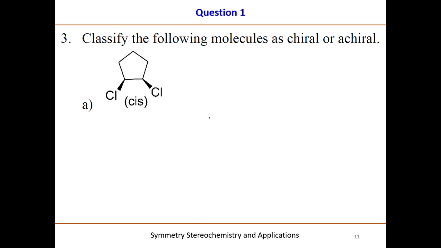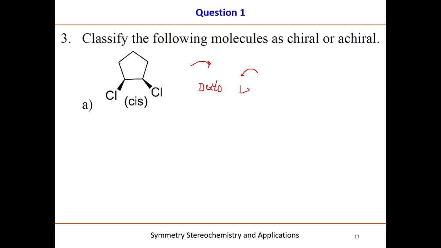So these molecules are called chiral molecules, and chiral molecules are able to rotate plane polarized light in different directions. If the molecule rotates the plane polarized light in the right direction, it is dextrorotatory, and if it rotates in the left direction, it is levorotatory.